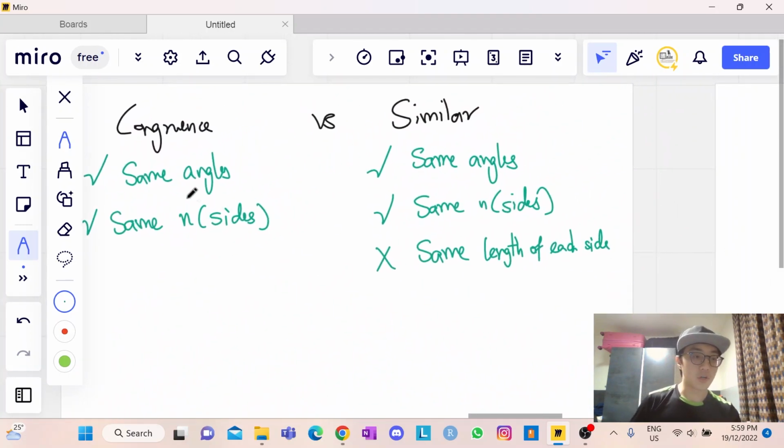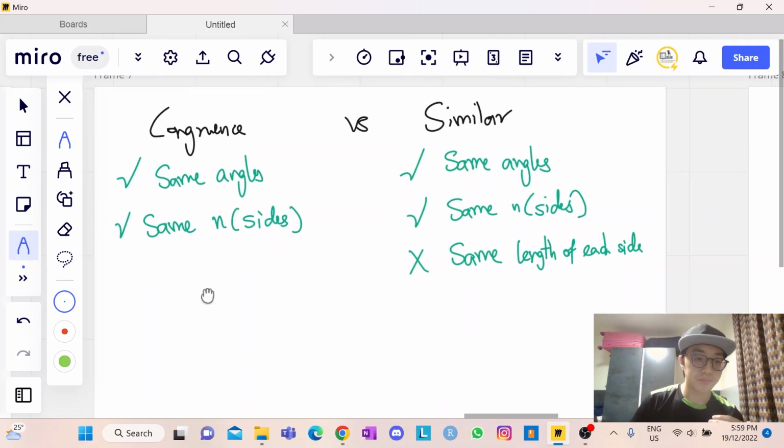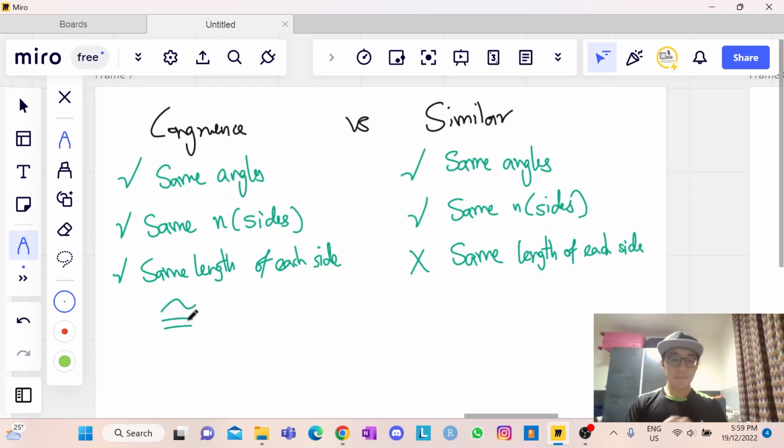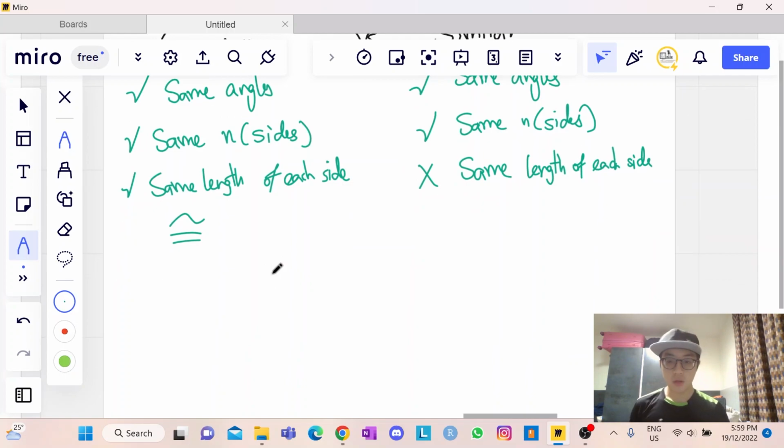However, for shapes to be congruent, you must have the same length of each side. The symbol for congruence is a wavy line up there and an equal sign down there. So when two shapes are the same, they are congruent to each other.